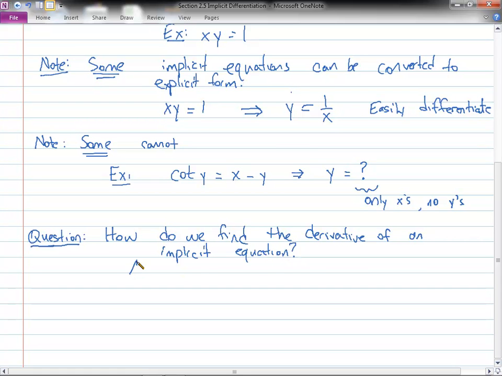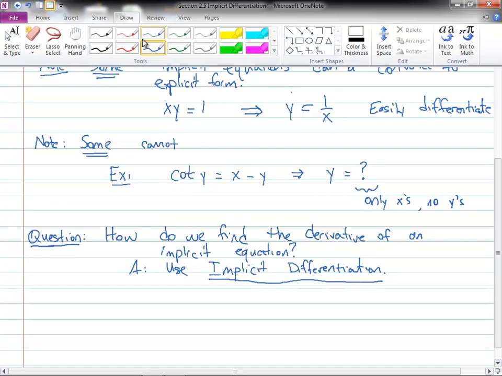And the answer is we use a technique called implicit differentiation. Hence the title of the section, right?